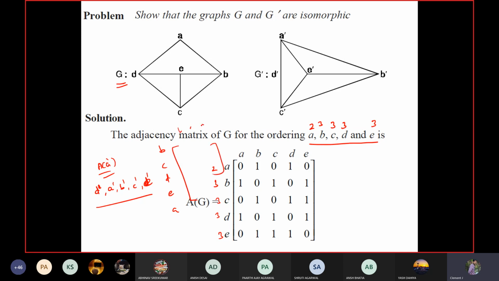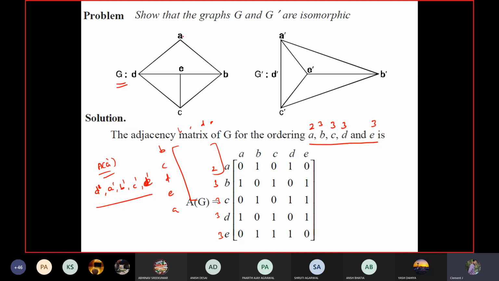Here also B, C, D, E, A. But I should follow the same rule, same cycle, same degree sequence in your G dash also. When you determine the adjacency matrix for the second graph, you should strictly follow the same degree sequence in the cycle as well as in the order. It is a notable point. Strictly you need to follow it.